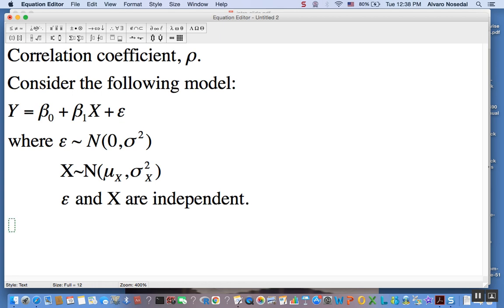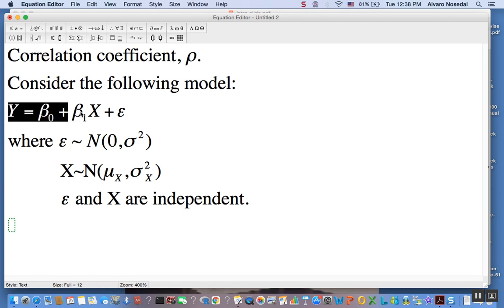So, from our assumptions, we can easily find the expected value of y and the variance of y. And since what we want to do is finding the correlation coefficient, we will need those quantities at some point. So we might as well find them.